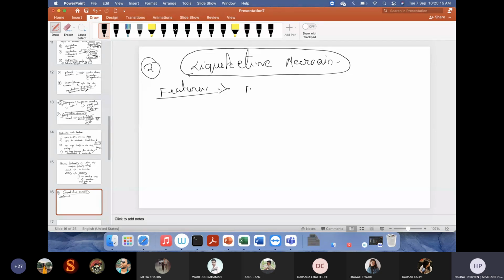Number 1, this necrotic formation of necrotic cells is big or larger in size.